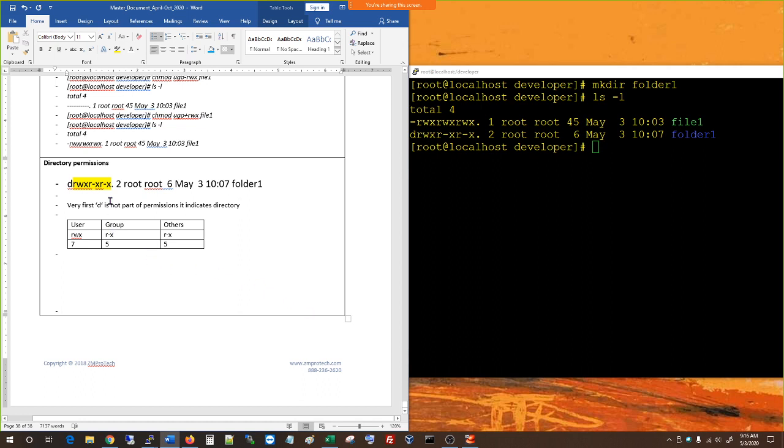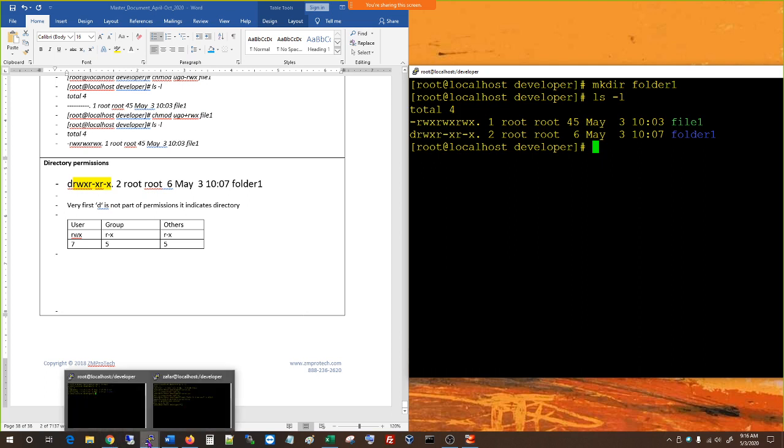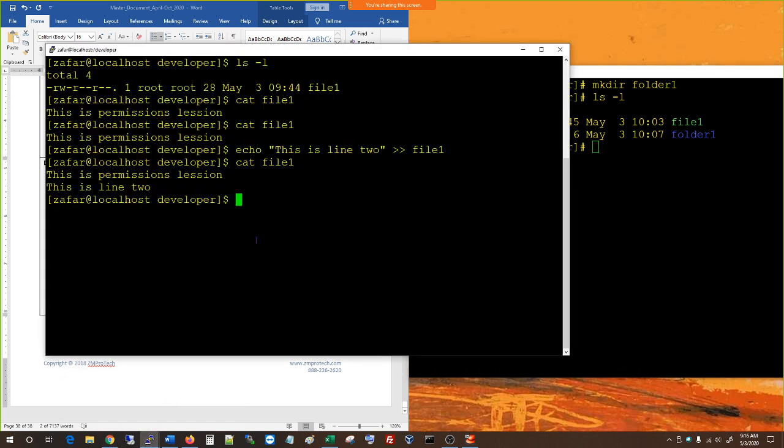So why is this directory here, or these are execute? In a Linux system, all directories have execute permission. Execute permission for directories means going inside the directory. So if I'm a regular user, let me see if I could go to root.